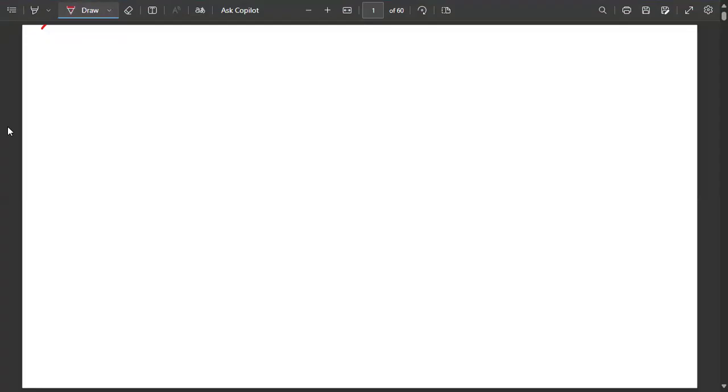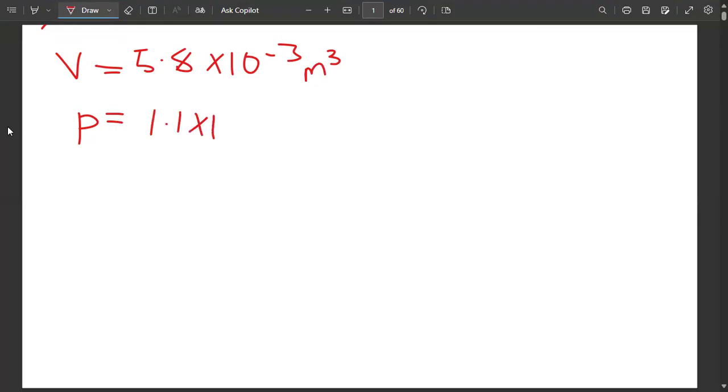Okay, so they've given us a maximum volume of the football, 5.8 times 10 to the power minus 3 cubic meters. And they've given us the maximum pressure, 1.1 times 10 to the power 5 pascals.